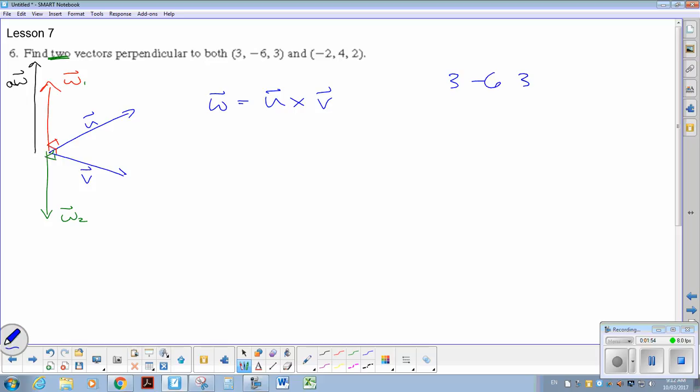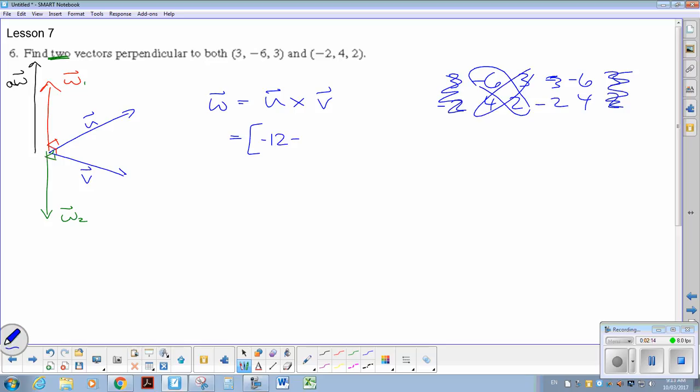So I'm just going to go through and do the cross product method. Copy these down right. So I would have had negative 12, and I'll do the extra steps here: negative 12 minus 12. And then I would have, new color here, negative 6 minus 6.